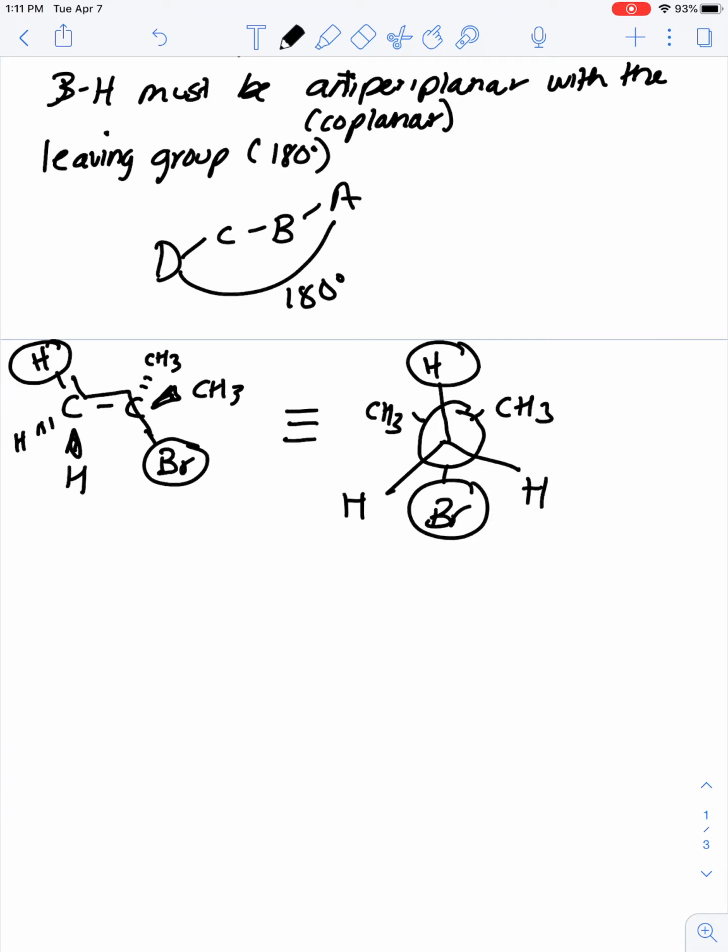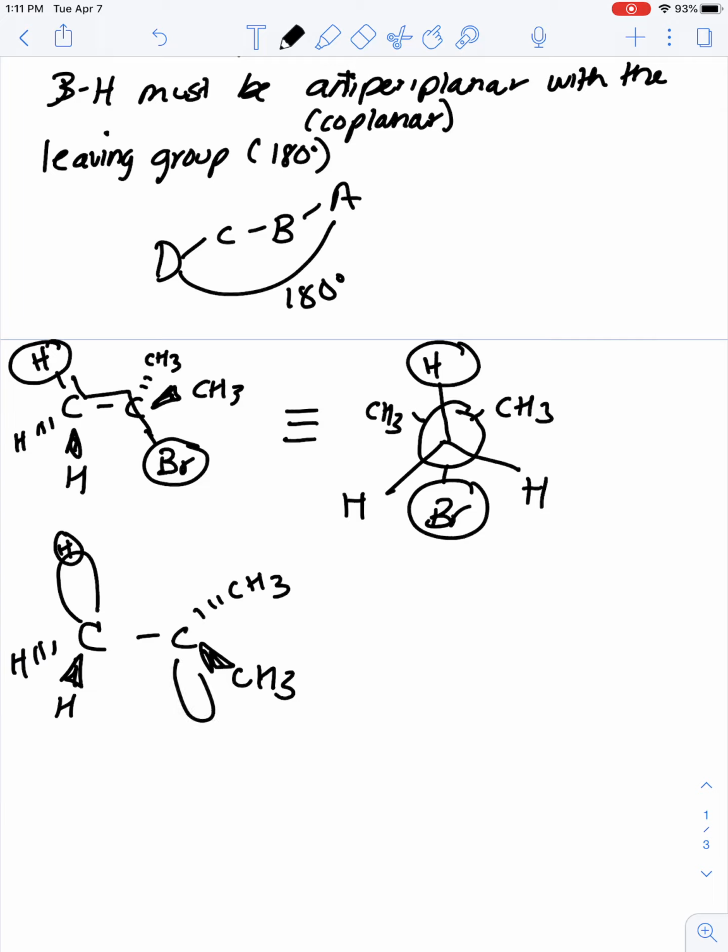So the real reason that that has to happen is you have to think about your p orbitals. So remember that in order for a pi bond to form, the p orbitals must be parallel to each other. So if we look at this with the molecular orbitals, we have our hydrogen here that we're going to be losing to form that double bond. We would have our bromine here.